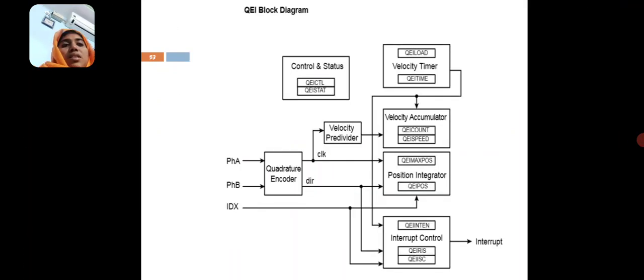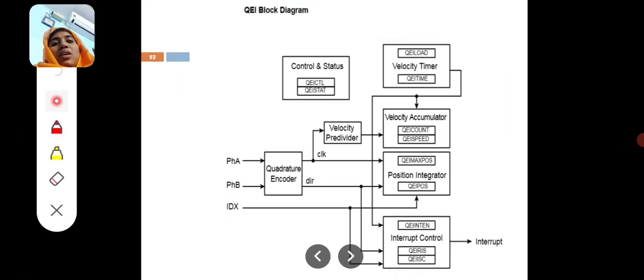Next, this is the block diagram of the QEI. We have a velocity timer that checks the timers, along with the clock, and the QEI control and status signals, which indicate the state in which the QEI is functioning and control it.